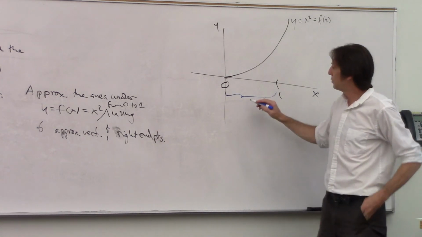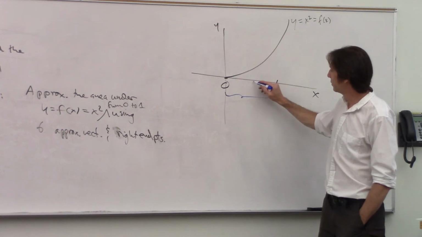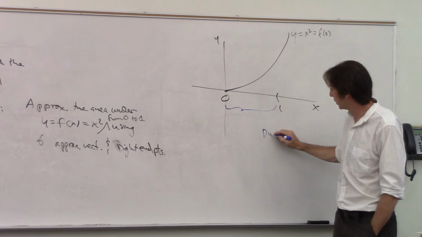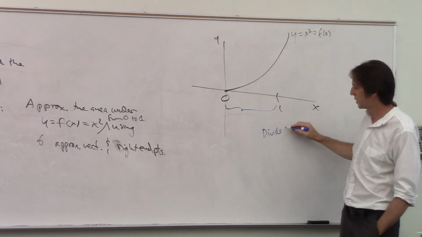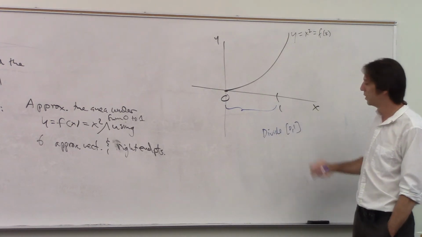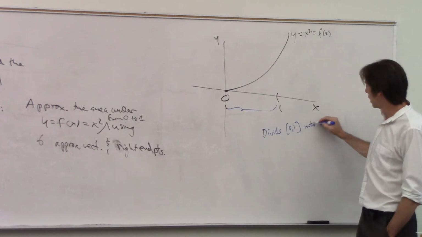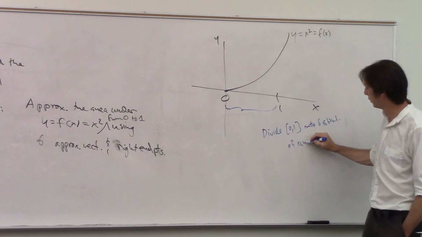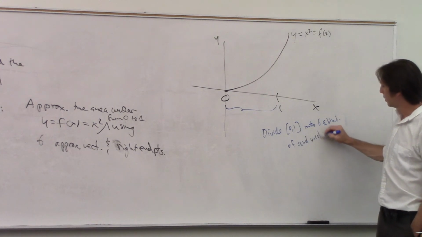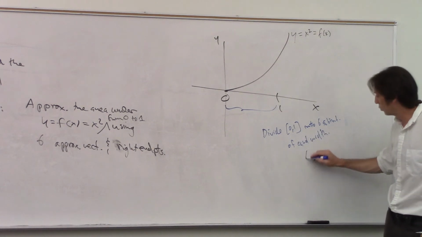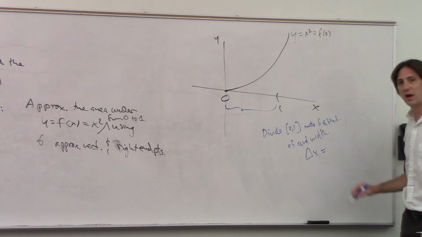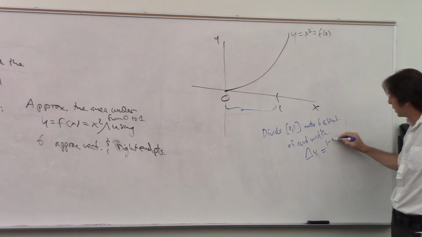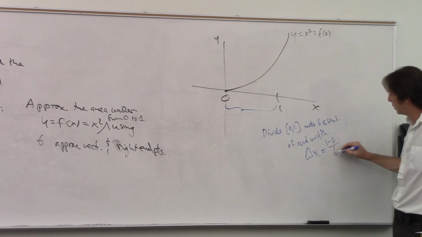What does that mean? It's divided into 6 pieces of equal width, which isn't a necessary assumption, but it's typically made. So I divide 0, 1 into 6 subintervals of equal width. Each of the widths, which is delta x, would have to have length 1/6. Right? Delta x is b minus a divided by n.